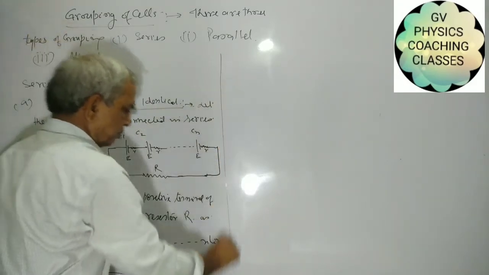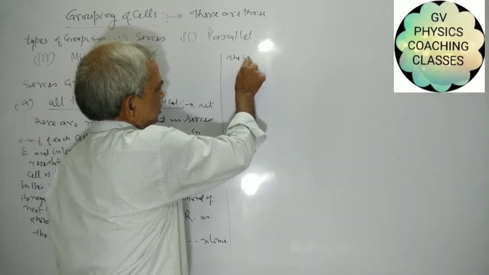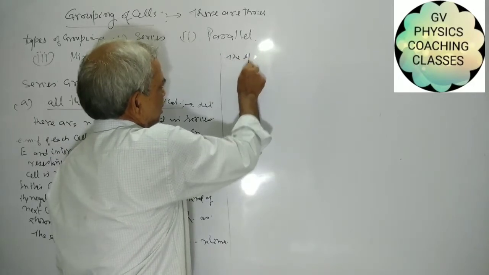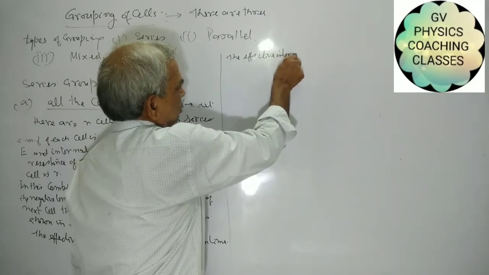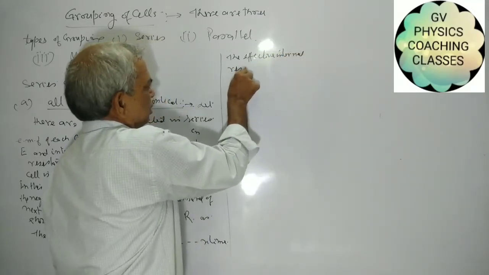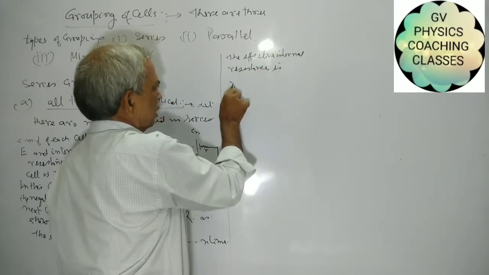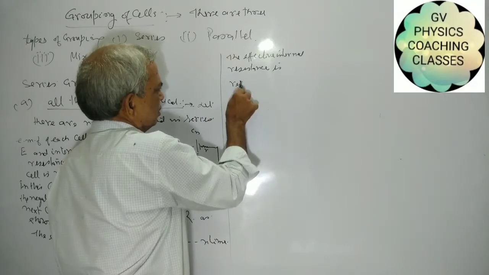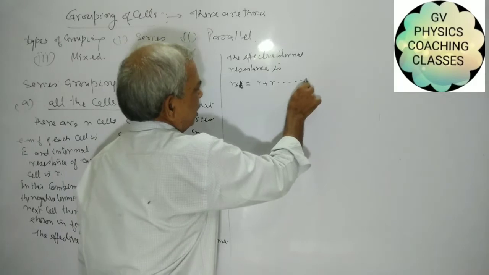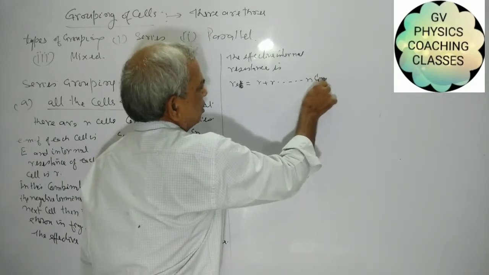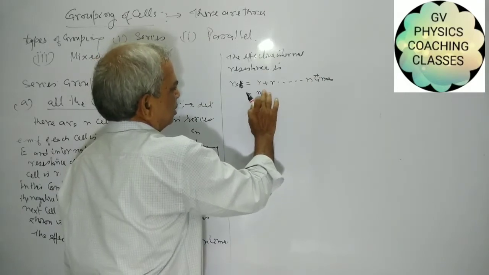Similarly, the effective internal resistance r effective is r plus r n times. It means nr.